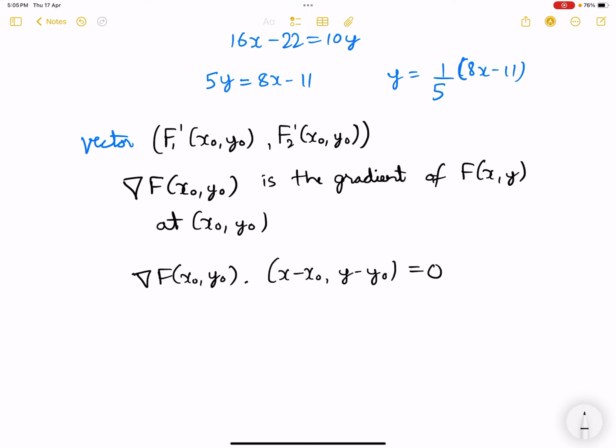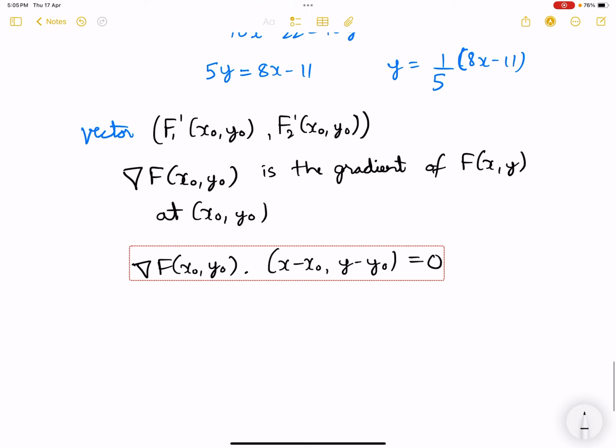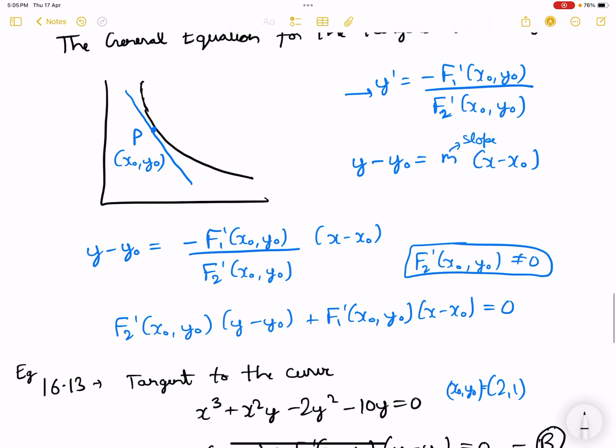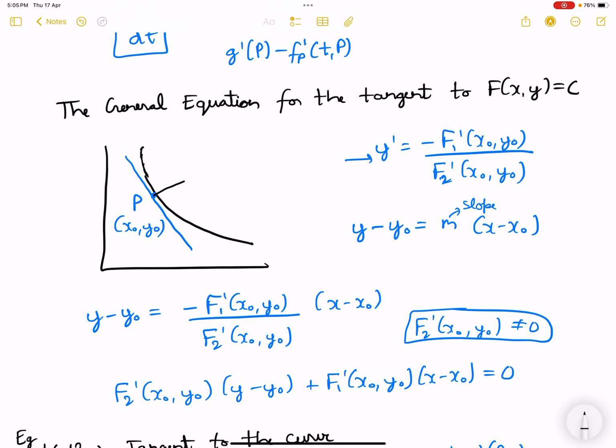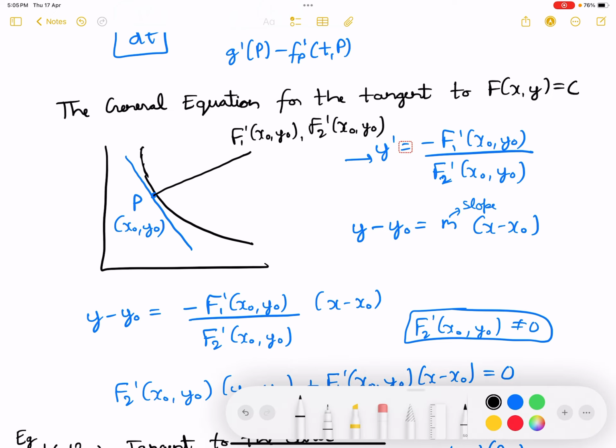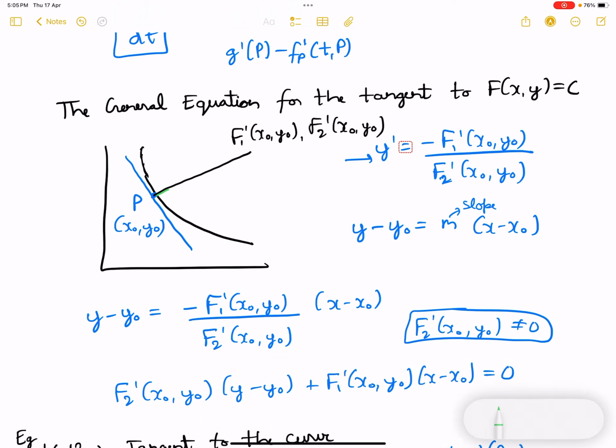Which means both of them are orthogonal to each other, that the gradient is orthogonal to the tangent. So this was the tangent, and the gradient would be f1 dash (x naught, y naught), f2 dash (x naught, y naught). This is the gradient, the one in green, and this is orthogonal to the tangent, which I'm drawing in red.